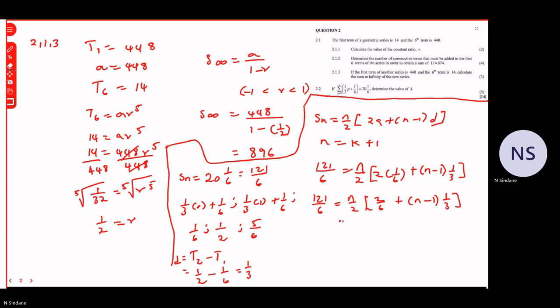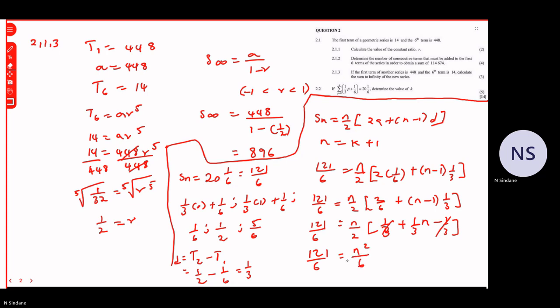And then 121 over 6 is equals to n over 2 into 1 over 3 plus 1 over 3n minus 1 over 3. This one and this one, they cancel, and then I'm left with 121 over 6 is equals to n squared over 6.